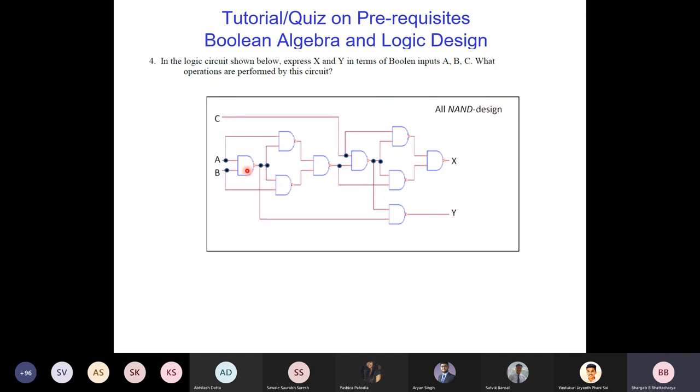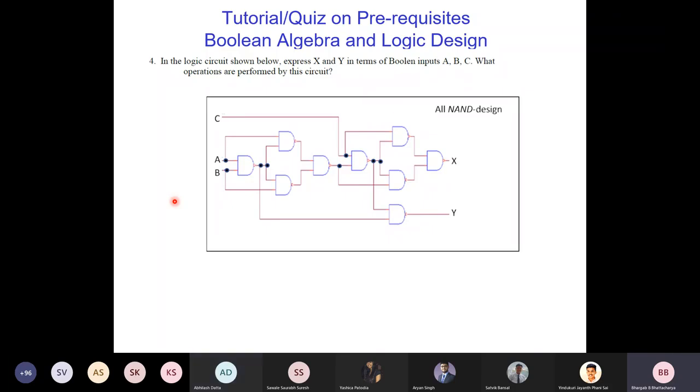So this comprises all NAND gates, right? This is what is called an all-NAND design. Is it true that if I use only NAND gates, you would be able to construct any logic circuit? Universal gate. Yes, it is universal.